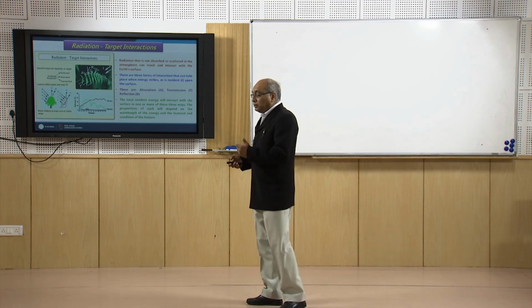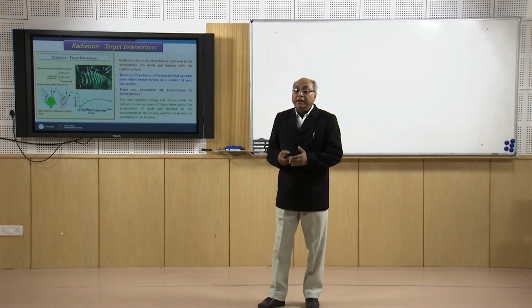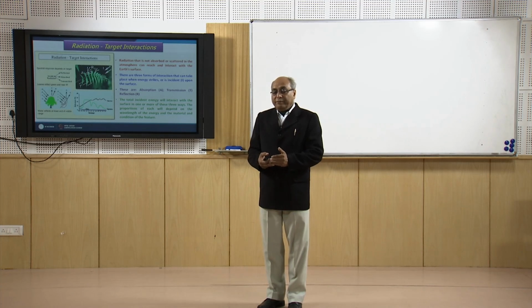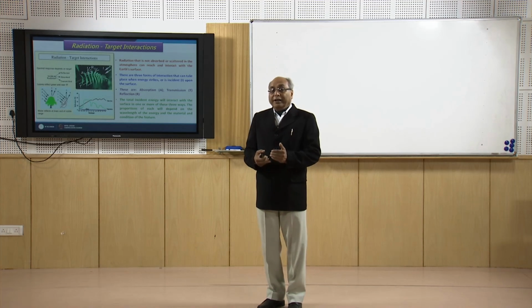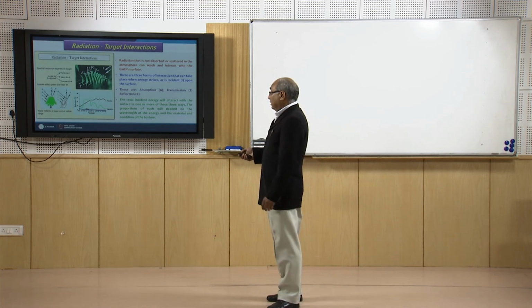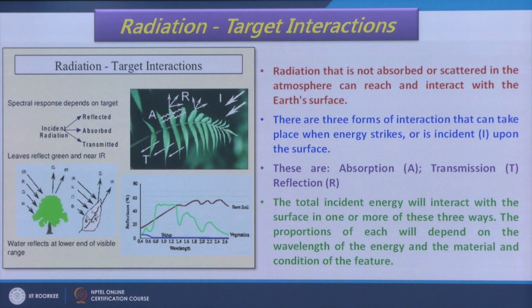Conditions of the features means if the vegetation is very healthy, having high chlorophyll content, it will behave differently, but the same vegetation, if it is drying up or having some disease, will behave differently in different parts of the EM spectrum. That is why the condition of the feature is mentioned.